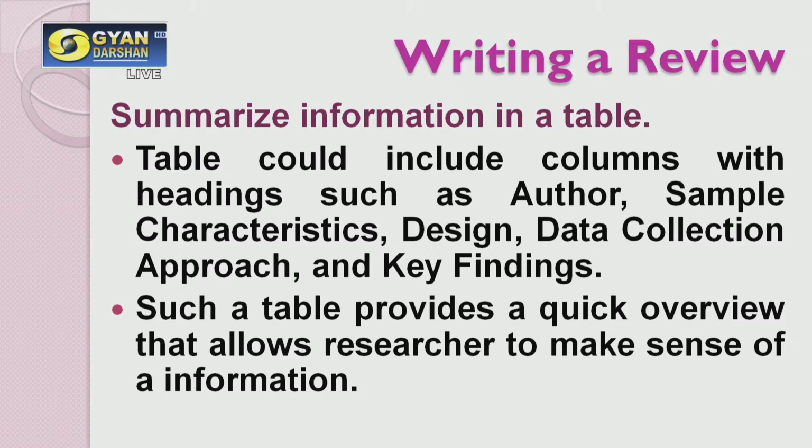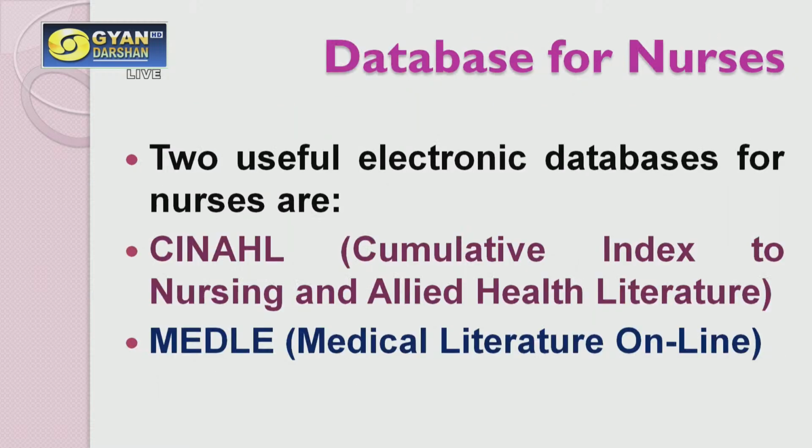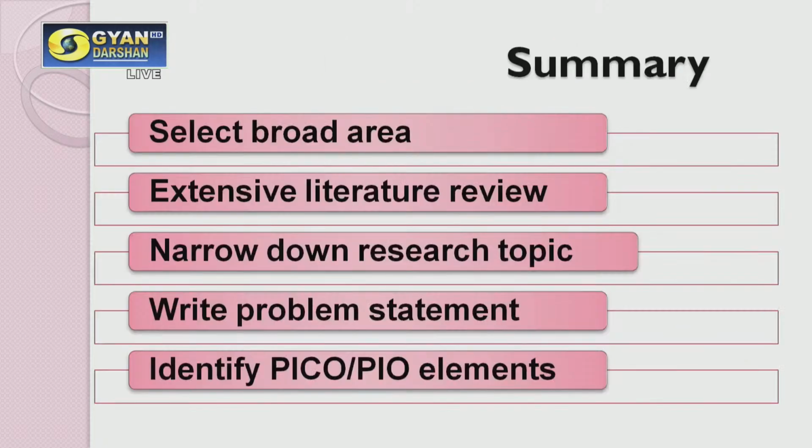A table can be there with the author, characteristics of design, data collection approach and key findings, so that at a glance you will know the major findings and in which country and year these studies were done. A very important database for nurses is the Cumulative Index to Nursing and Allied Health and Medical Literature Online.